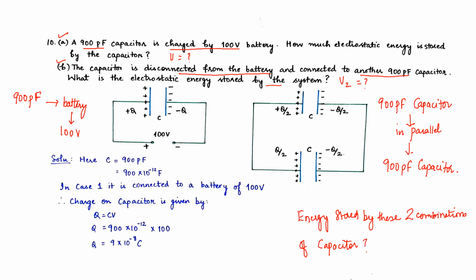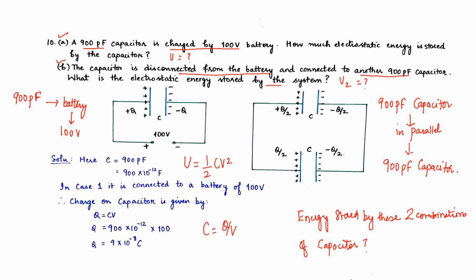From the capacitance topic, we know that energy stored in a capacitance is given by half CV square, and C is given as Q upon V, and by interchanging all these numbers we can find other values.